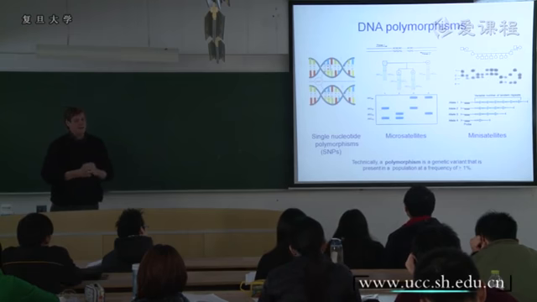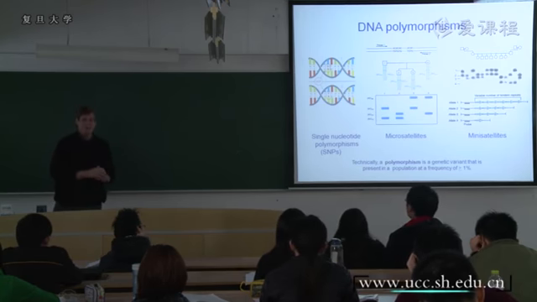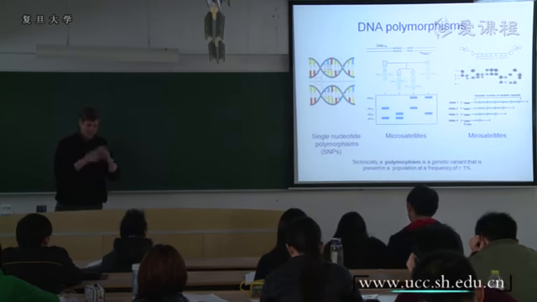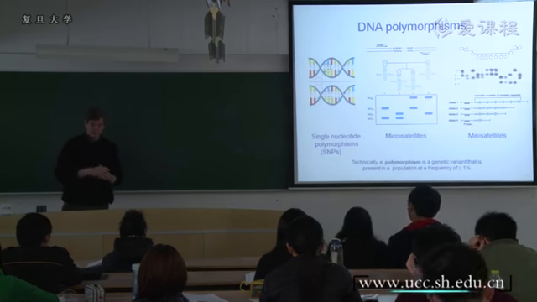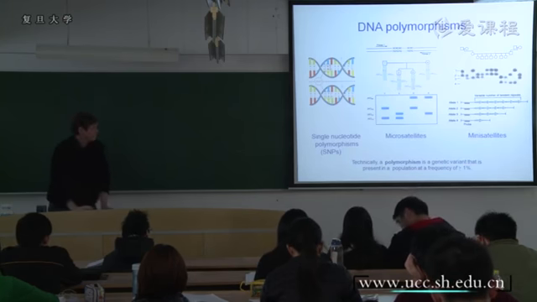And the number of repeats that you find in people in the population in general can be different. So you may have 10 repeats where I have 12 repeats and someone else may have 8 repeats. Although these can change by that slippage mechanism that I talked about, over a short number of generations at least, these can be stable and can act as markers for the transmission of a certain piece of DNA from one generation to the next.